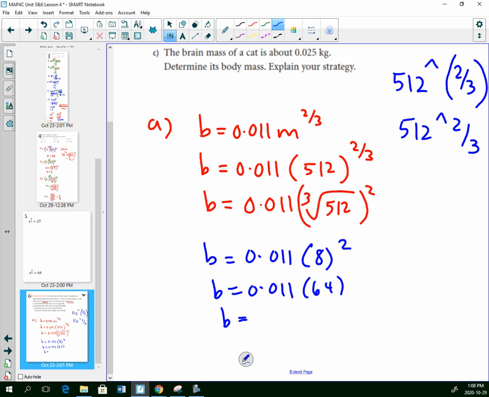So 64 times 0.011 is 0.704 kilograms. So you can evaluate it as a root, or you could just type in 512 to the power 2 over 3, just keeping in mind that that 2 over 3 needs to be in brackets.